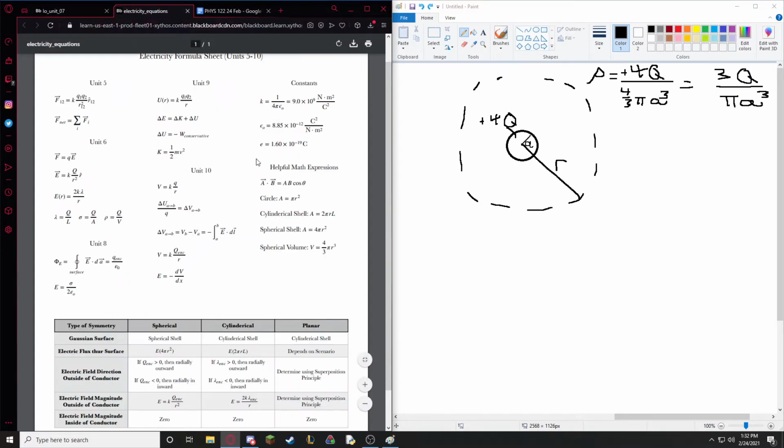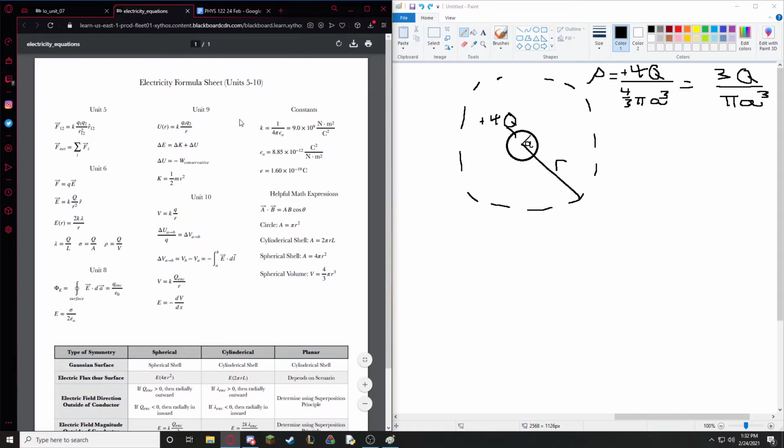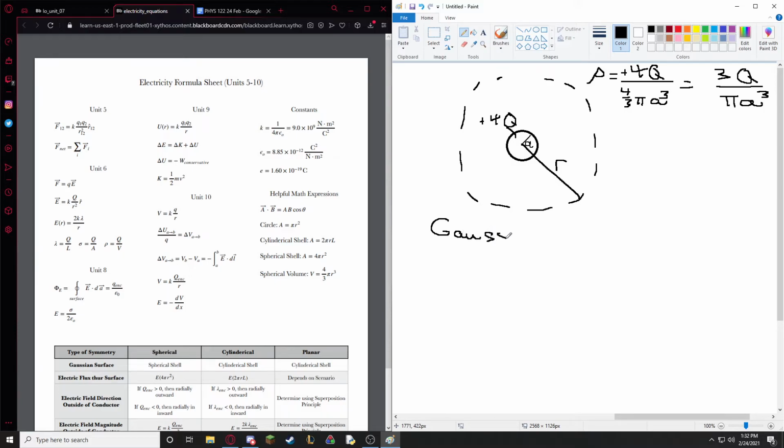Gauss's law is listed in your formula sheet, but it's not labeled as Gauss's law. So what here is Gauss's law? It would be Q over epsilon naught. Yeah, the second part.